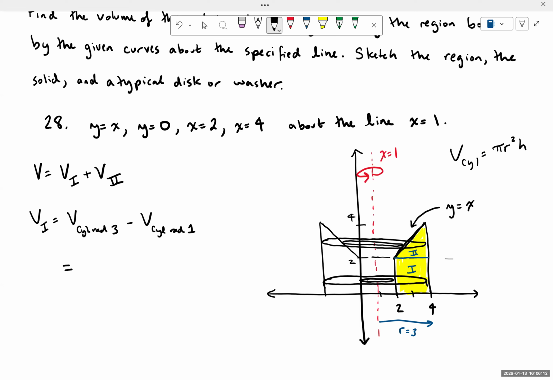So if I look at volume 1 just from that geometric standpoint, no calculus involved, I have pi times 9 times 2 minus pi times 1 times 2. So what the heck? 16 pi?